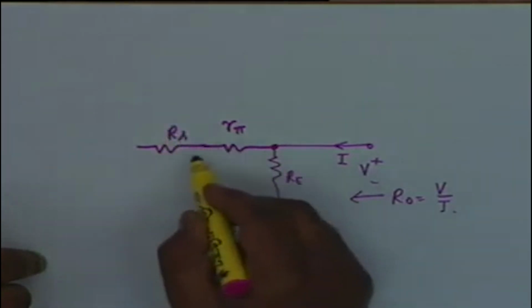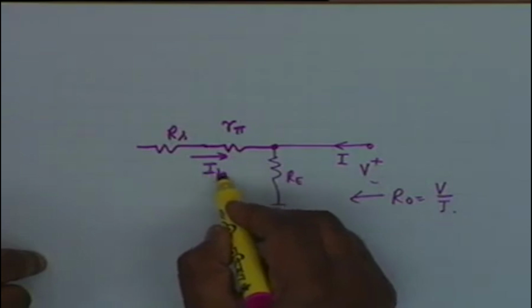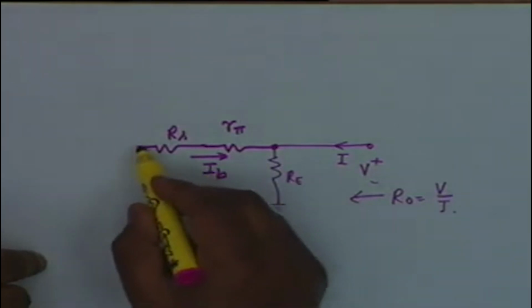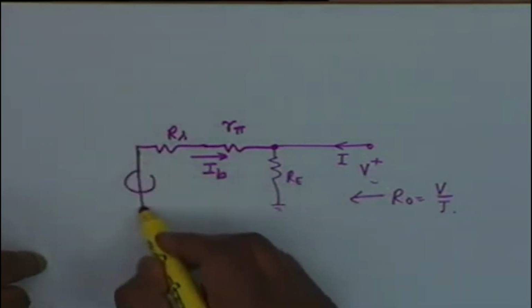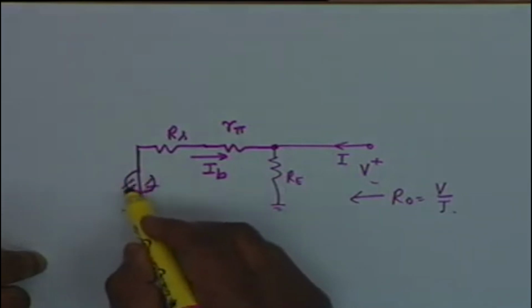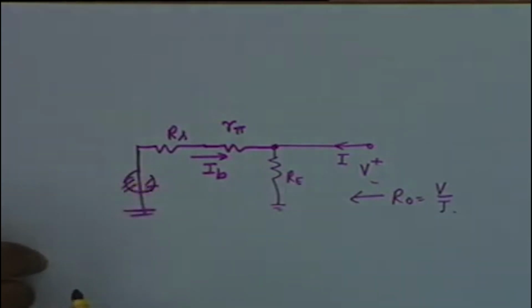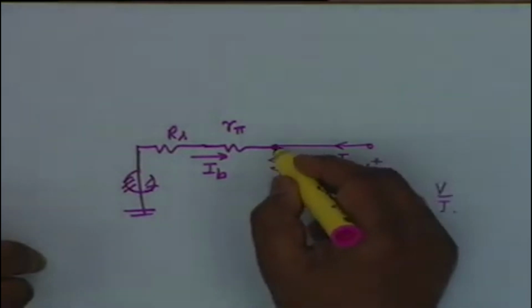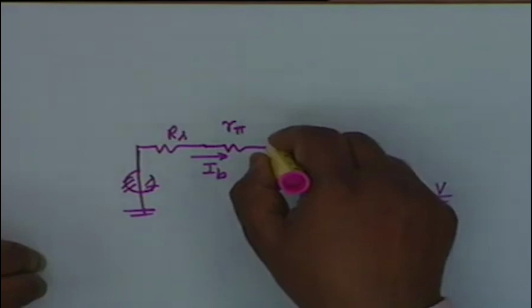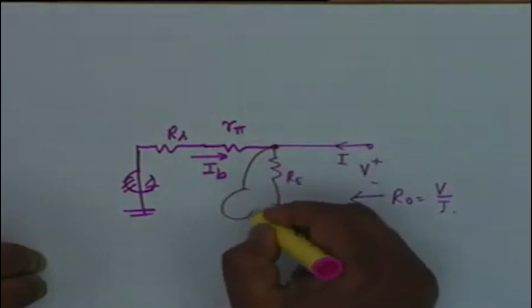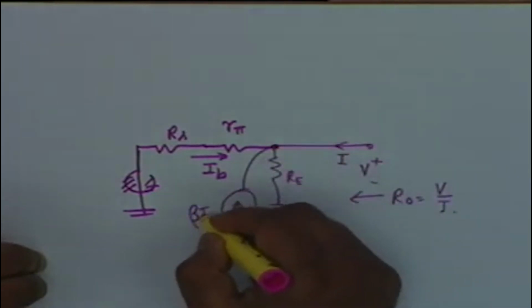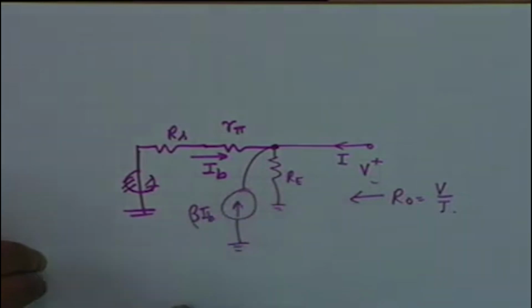The current through this is Ib and no voltage. This is shorted. The voltage source should be shorted. And then we also have across Re a current coming to this node from ground, and therefore we have a beta Ib from ground.